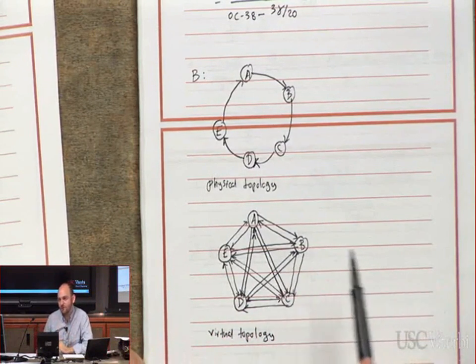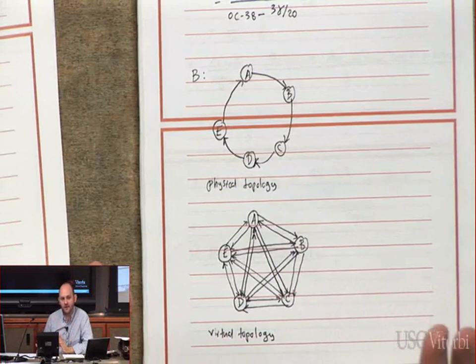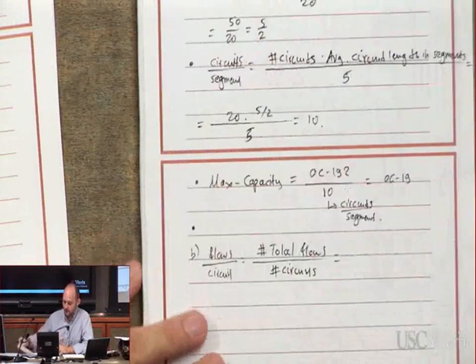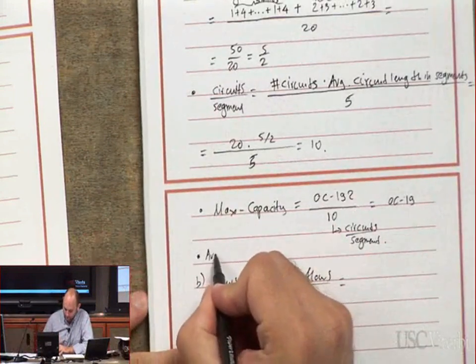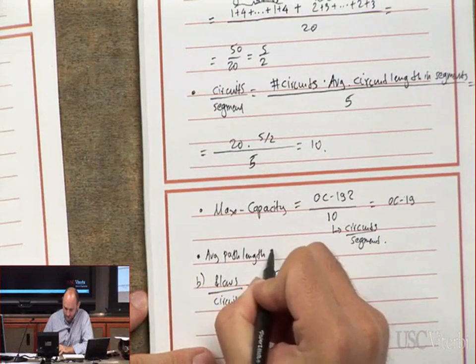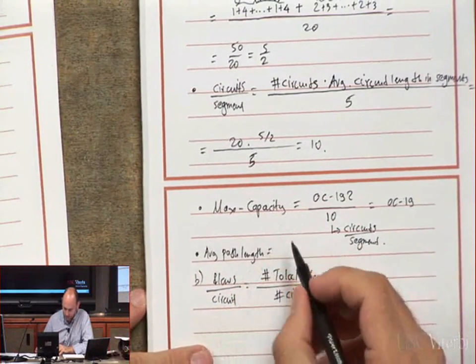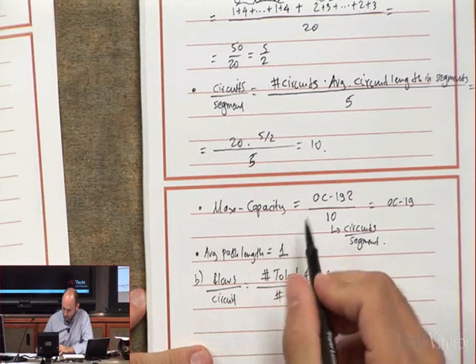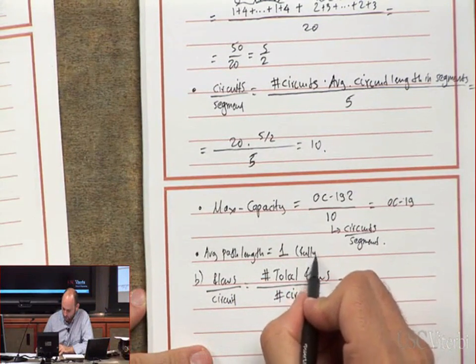Because everybody is connected to everybody else. So irrespective of where you want to go, the path length in router hops of the virtual topology is 1. So average path length equals 1, fully connected graph.